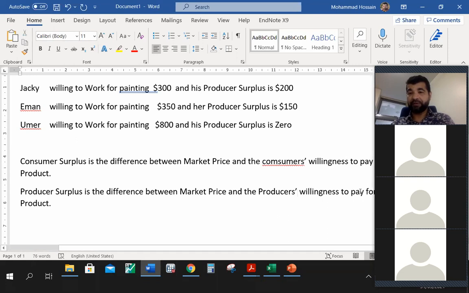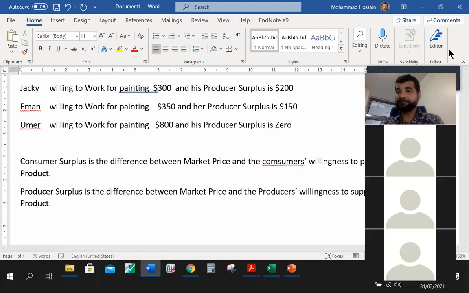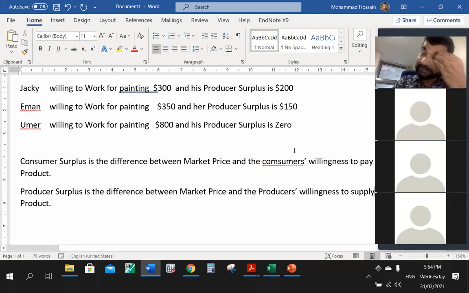Willingness to work for the product, or you can say willingness to supply for the product, the price that they are willing to supply for. That's the difference that we have. So this is the main concept we have.